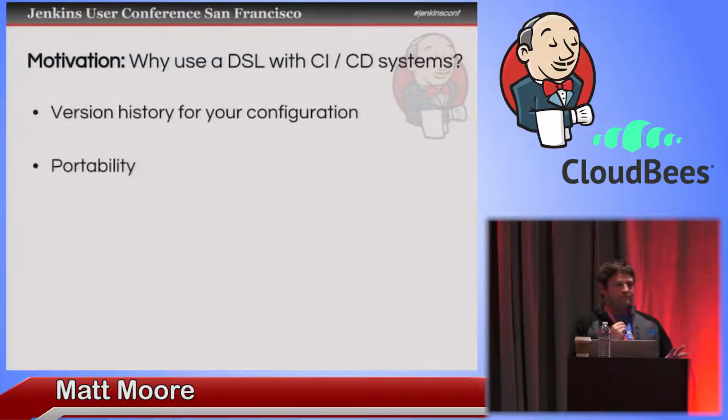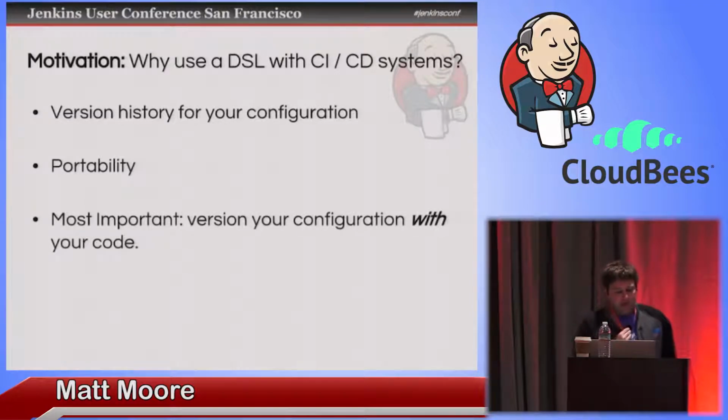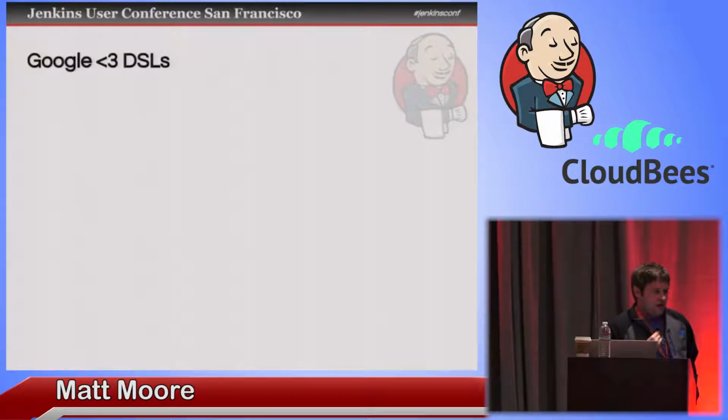Being able to take your setup on a current master and move it to a new one. I even lump into this case the copy-paste getting started experience that other people have with Travis. And I think most importantly, there's this principle of versioning your configuration with your code, which is a really powerful concept that enables a lot of things, and we're going to see examples of this as part of this talk.